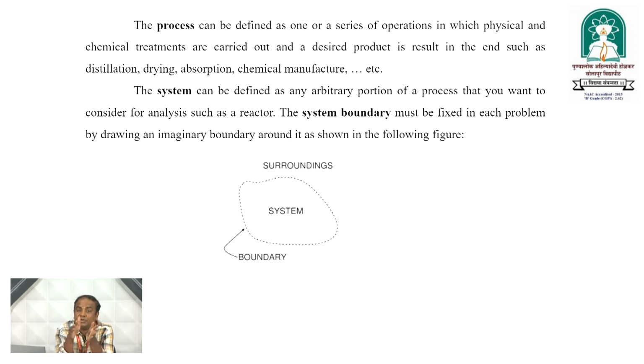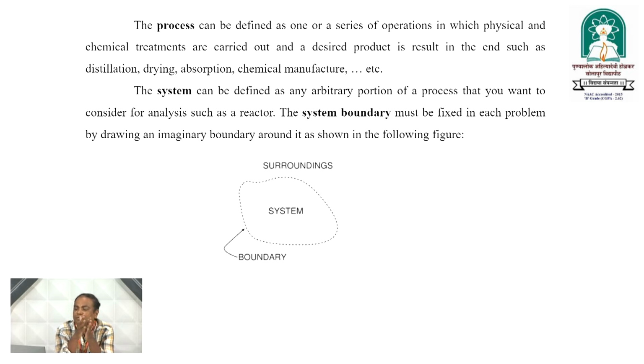Whatever process we are about to perform within a certain laboratory or industry, that means your working table where you are going to perform a chemical reaction, we would call this a system. So, a process can be done in a system.